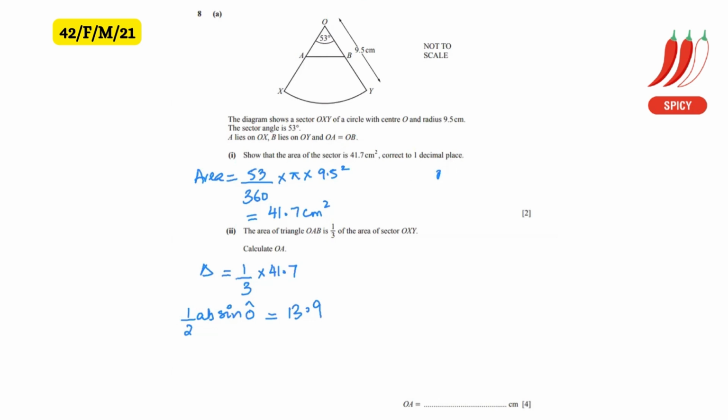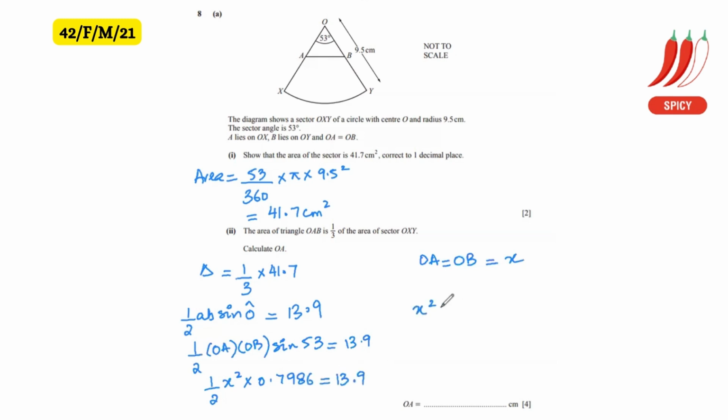So OA equals OB, and we can say that it's X. So 1/2 times OA times OB times sine of 53 equals 13.9, which is 1/2 X squared times 0.7986, which is sine 53.